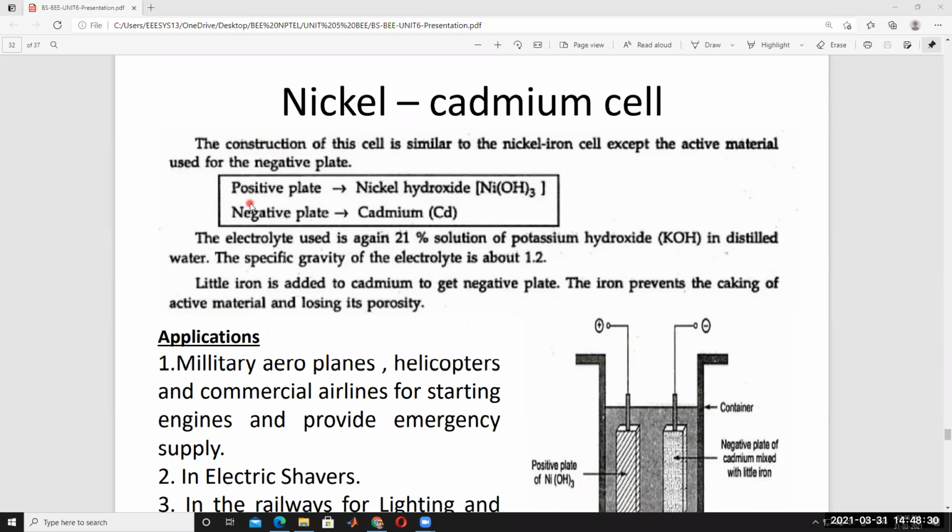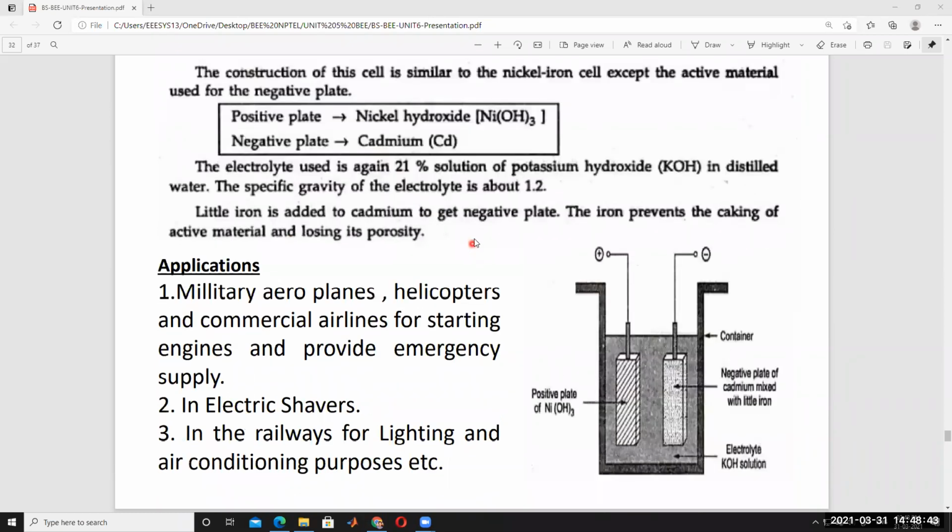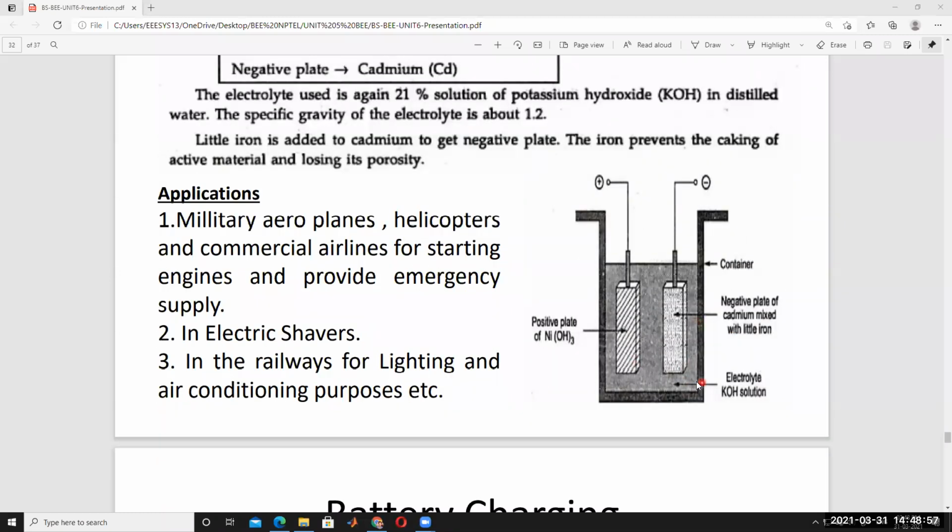Next, the nickel cadmium cell. In this cell, the positive plate is nickel hydroxide, and the negative plate is cadmium, Cd. The electrolyte used is again a 21% solution of potassium hydroxide and distilled water. The specific gravity of the electrolyte is about 1.2. The electrolyte is nothing but the same potassium hydroxide.